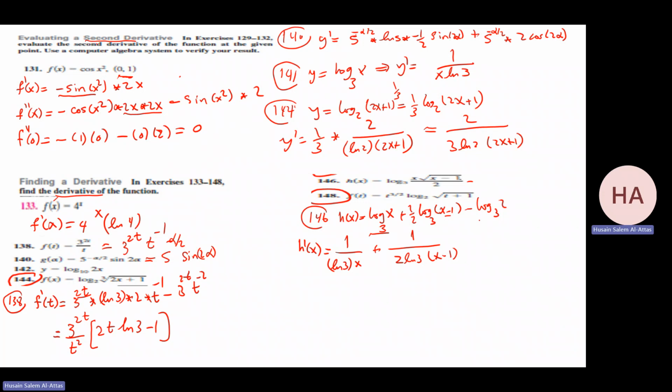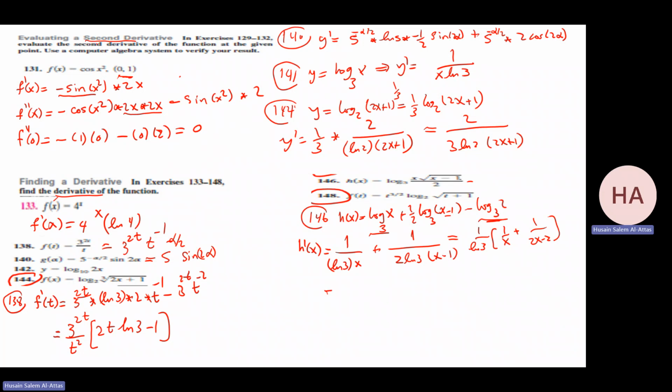What's the derivative of this? 0. Well, it's gone. So if you want, you can simplify it, where I will take 1 over ln 3 as a common factor. The remaining is what? 1 over x plus 1 over 2x minus 2.